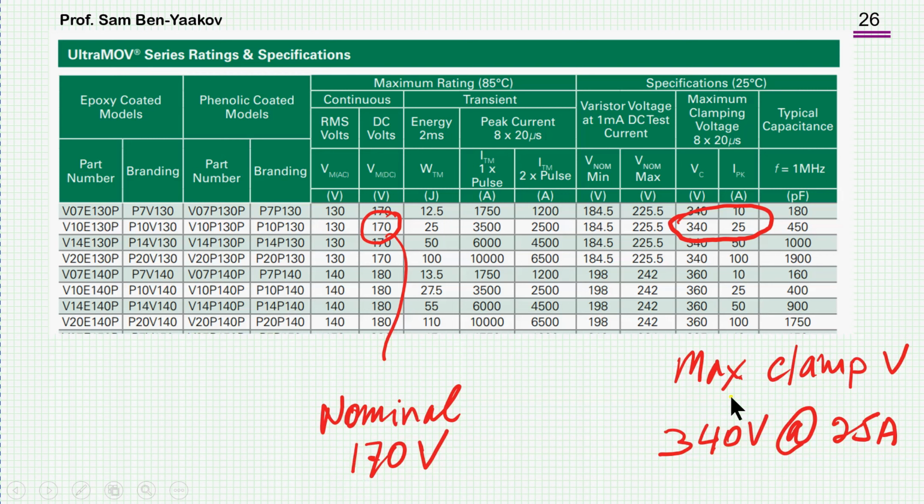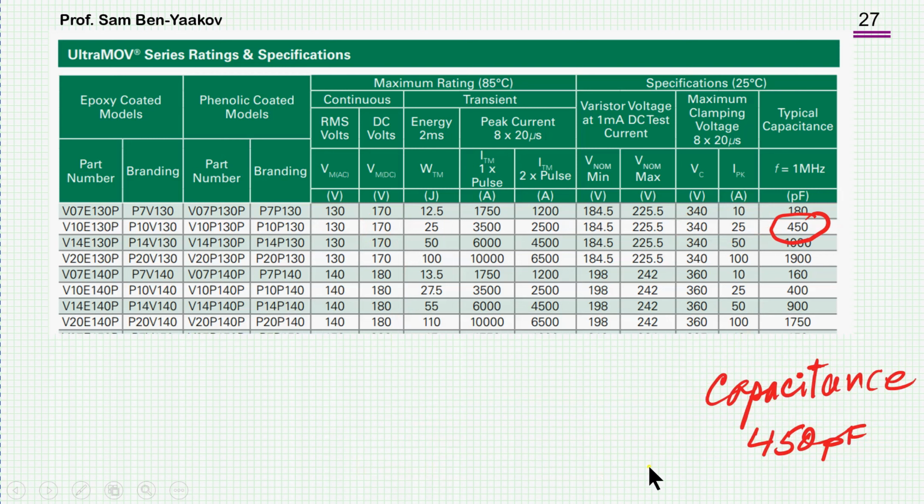And so one has to take into account that the varistor is not clamping to a very constant voltage, and as we have seen from the curve, the voltage is going up quite a bit. And finally, we have information about the capacitance, which is again not harming in fact, and we're talking about in the order of say 1 nanofarad or so.